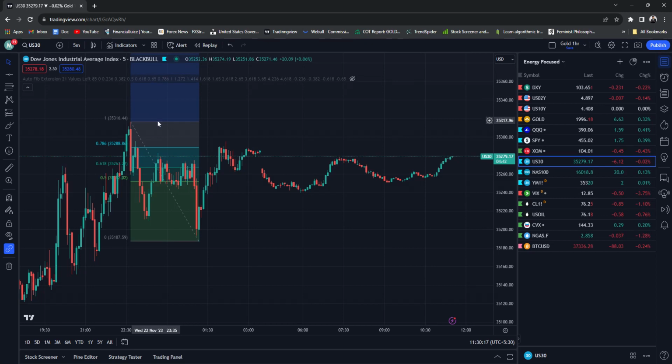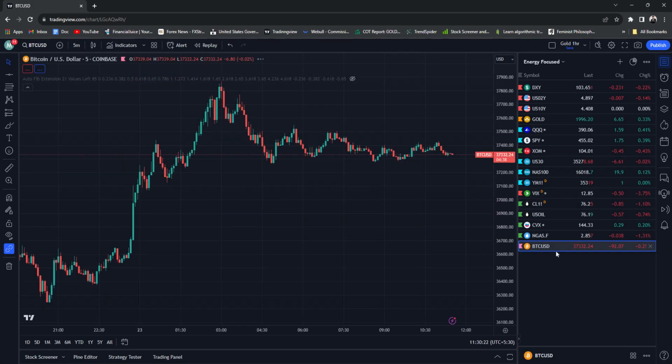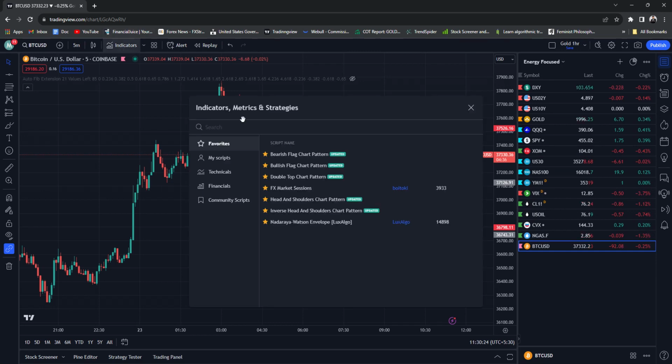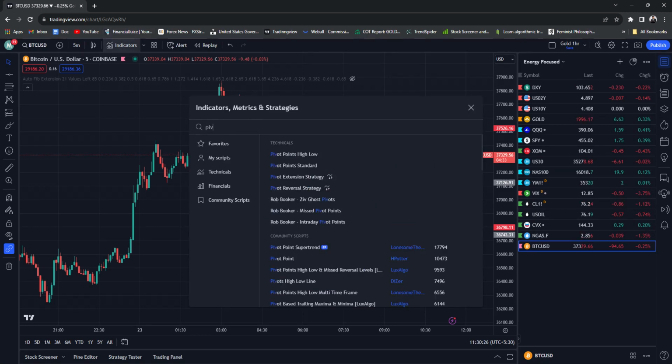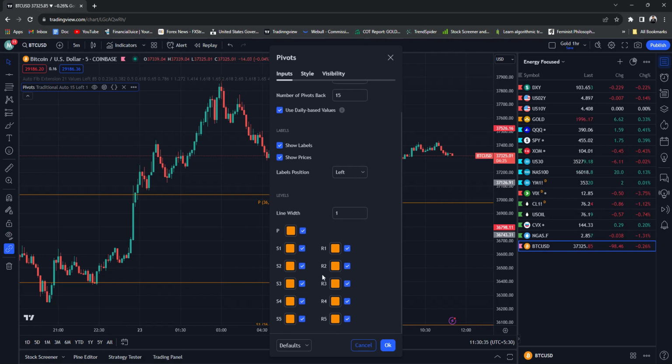So that's Fibonacci levels. One of the other indicators we use is the pivot levels. This pivot point standard is something I use a lot. It's very good.